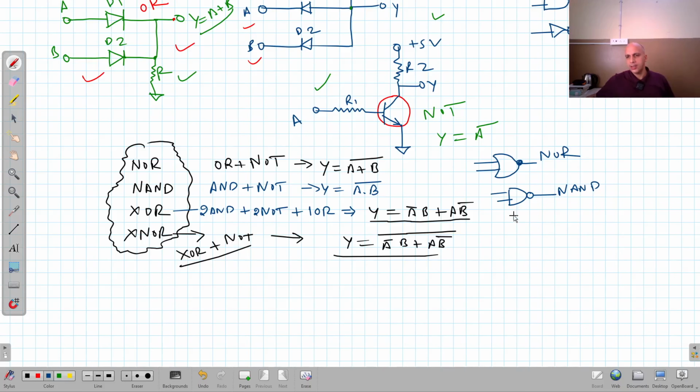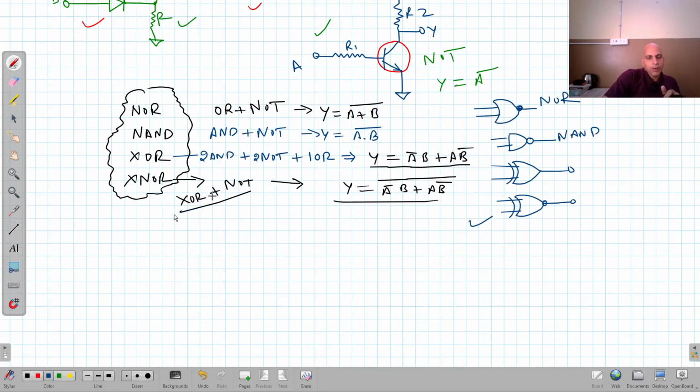XOR means, as I told you, a combination of 5 different logic gates. This one, this is XOR. And if I go to the XNOR, it is NOT and XOR, right? So these are the circuit symbols that we have to remember for all these gates, right?